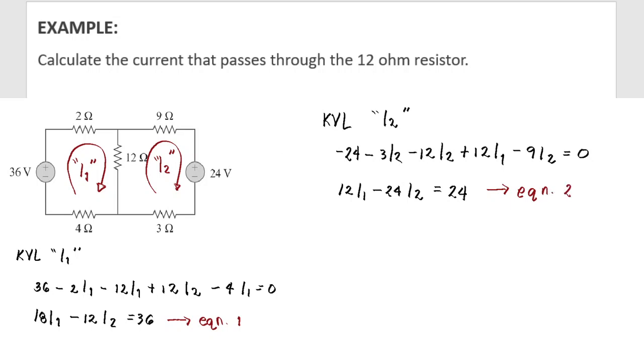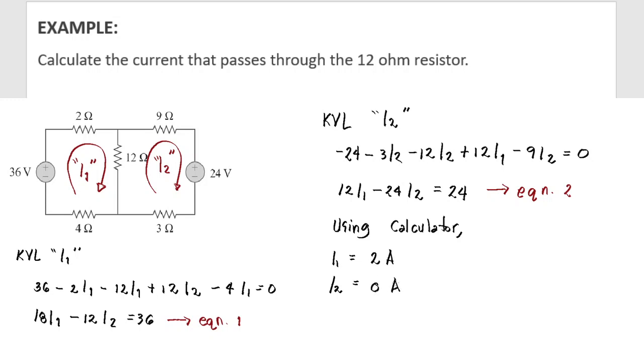Using calculator, we will have I1 is equal to and I2 is equal to. Solve this using your calculator. We have I1 is equal to 2 ampere and I2 is equal to 0 ampere.